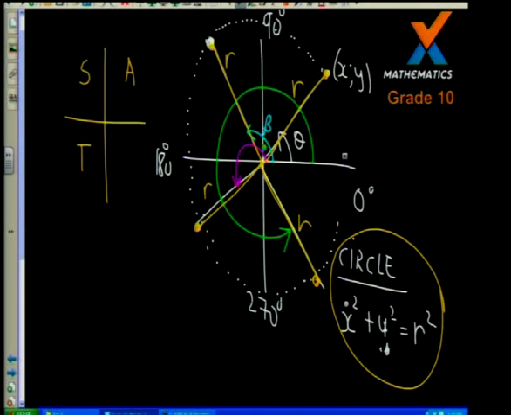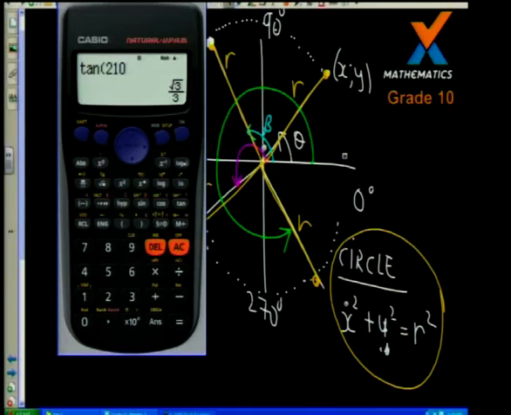And what happens in the fourth quadrant would be a green angle, so an angle that's larger than 270. So let's take, let's say cos of 330, bigger than 270. That's positive. What about sine of 330? That's negative. And what about tan? That's also negative.